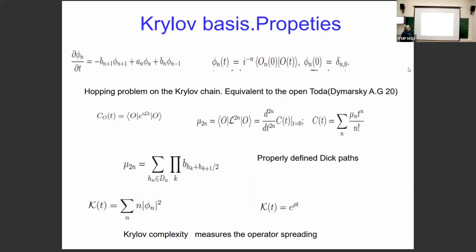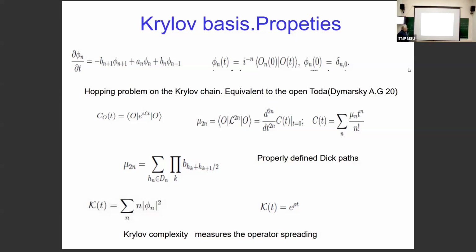It can be shown that this hopping problem is nothing but the Toda chain. So the coefficients an and bn have the following form that, in quite a direct sense, gives the representation of the Toda chain.